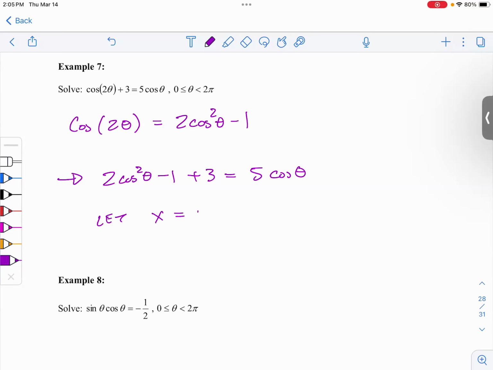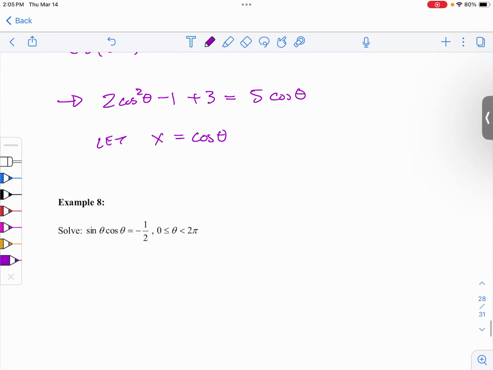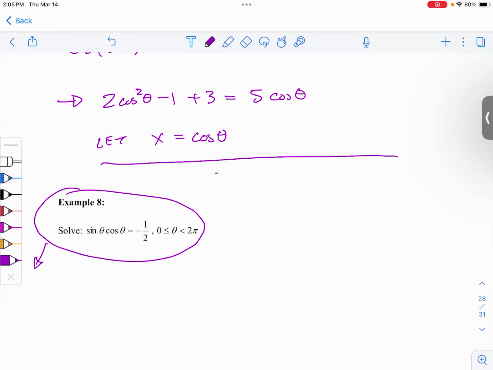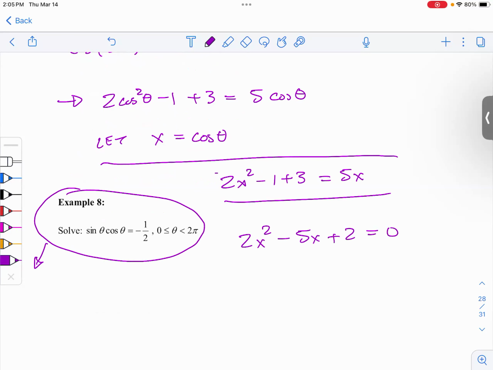So let x equal cosine of theta. And then I can actually start simplifying. Let's see, 2x squared, bring that over, minus 5x plus 2 equals 0.